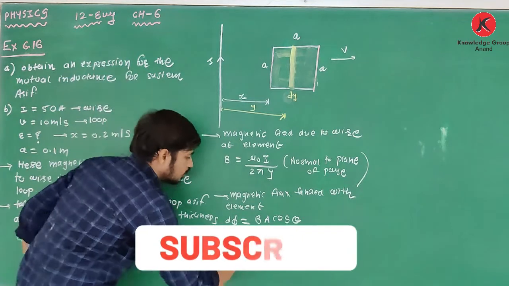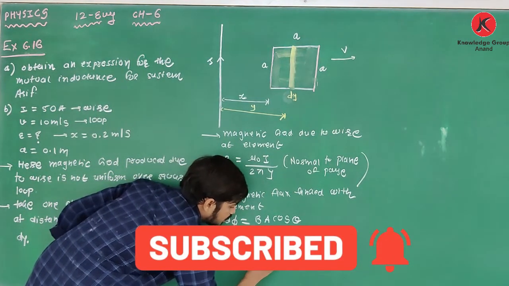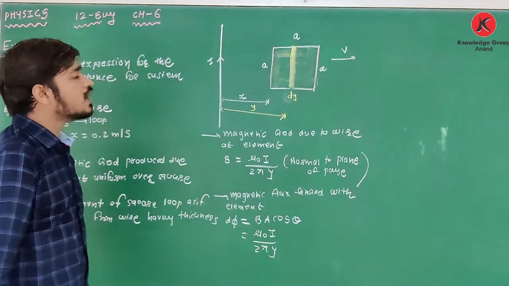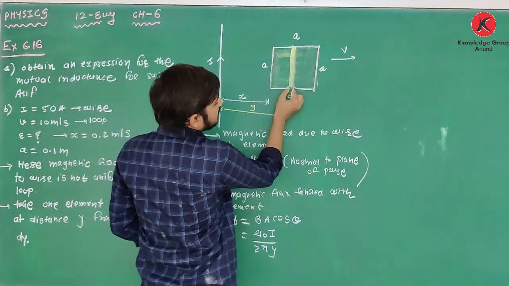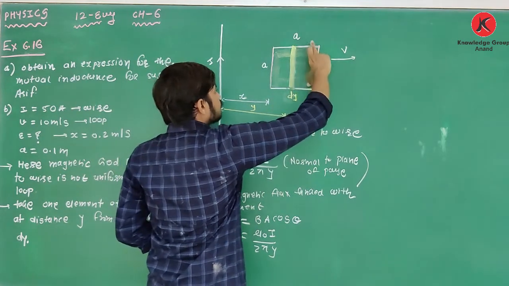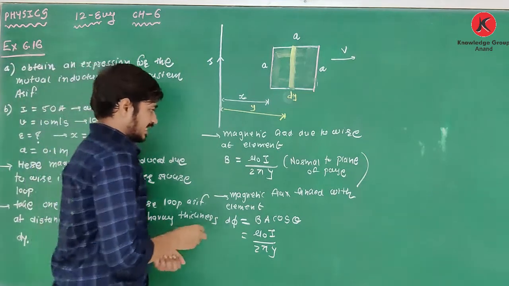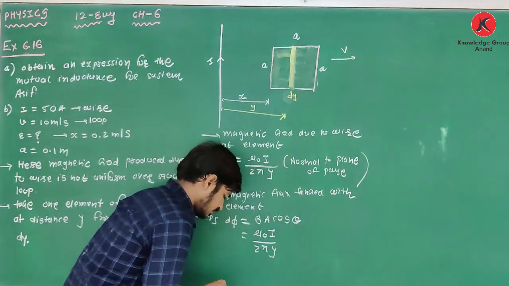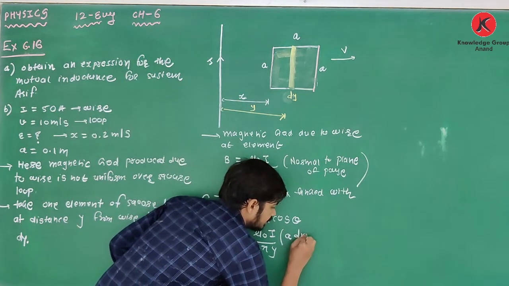Yes it is. B is mu 0 I upon 2 pi y. What is the area of this element? See, this thickness is dy and this length is obviously A. So the area of this element is A dy.